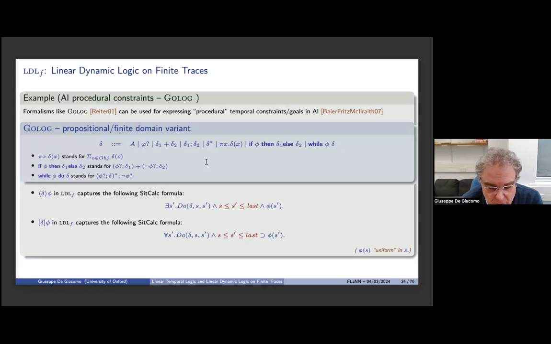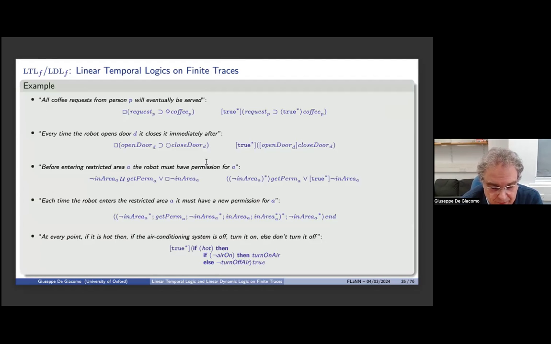Okay, so maybe I'm going to skip this. And so just let me give you some examples. For example, it's very easy to write things like: every time that person P requests coffee, eventually gets coffee. In this logic, you would say it is always the case, true star.